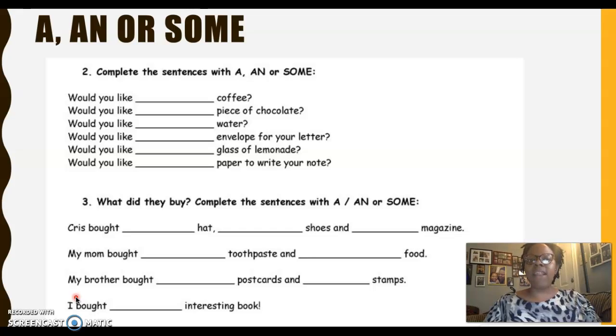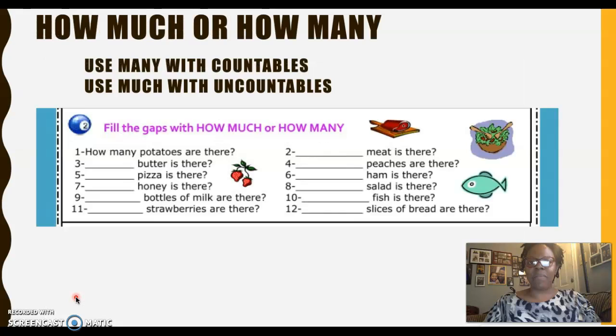This time you are practicing using a, an, or some. On this one, you were talking about how much or how many. You can use many with countables and much with uncountables. Again, please pause the video and practice this.